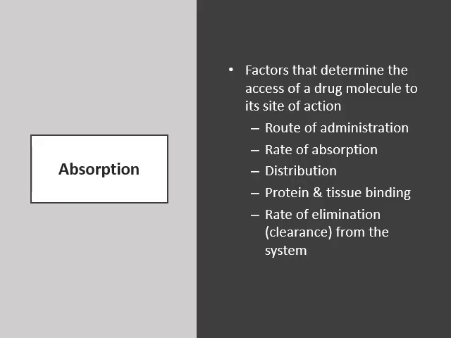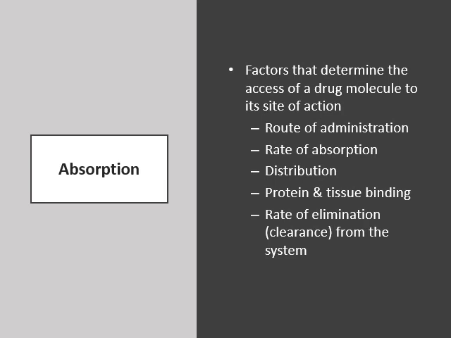So, factors that determine the access of a drug molecule to its site of action. The route of administration, we've talked about that. That's important, whether it's an orally administered drug, or if you gave it IV, or by the inhalational route. The rate of absorption, what is happening at the site.